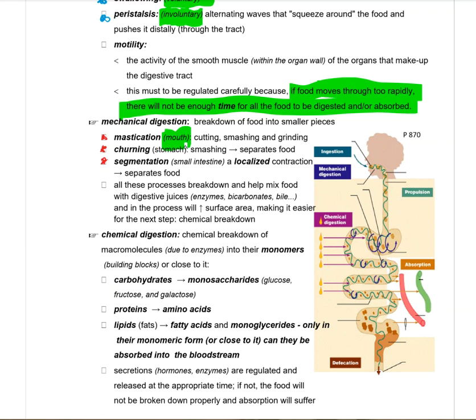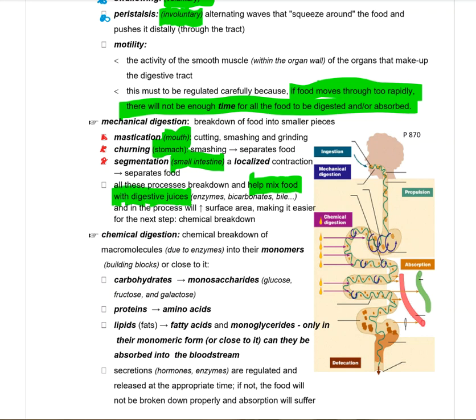Then, when it reaches our stomach, we do something called churning. And this is where the stomach's smooth muscle will smush and contract and break the food and smash the food even more, separating it and liquefying it more. Then we have the small intestine segmentation. Now, segmentation is a localized contraction that separates food, breaks it apart, but it also helps mix the food with digestive juices.